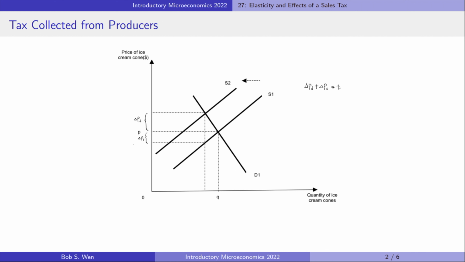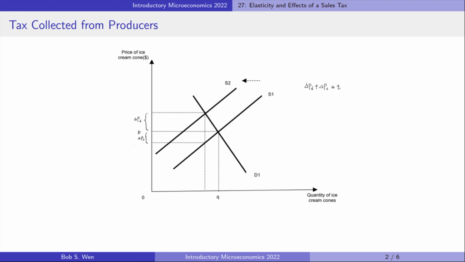Since the producers' costs increase, they are willing to supply less, and the supply curve shifts to the left. At the new equilibrium, the consumers pay P plus delta PD, and the producers receive P minus delta PS.